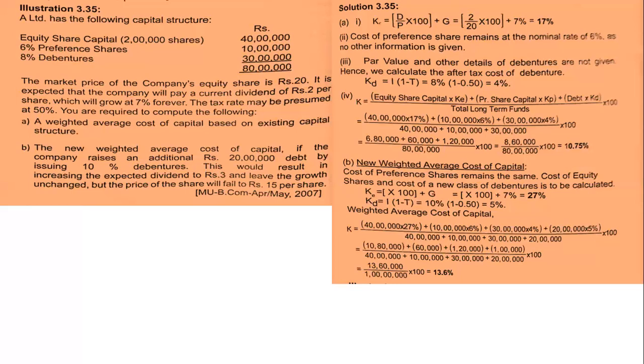When they borrow an additional 20 lakh debt by issuing 10% debentures, with the growth rate remaining the same, the expected dividend will increase to rupees 3, and the share price will fall to rupees 15 per share.